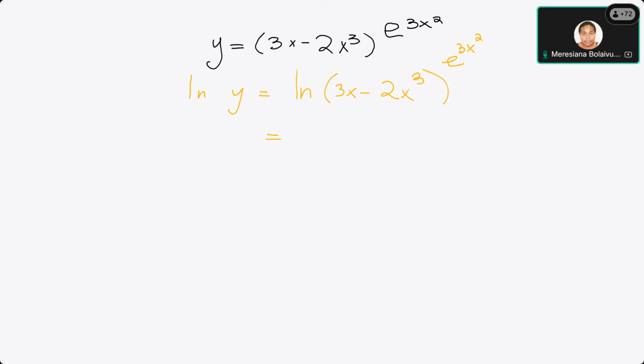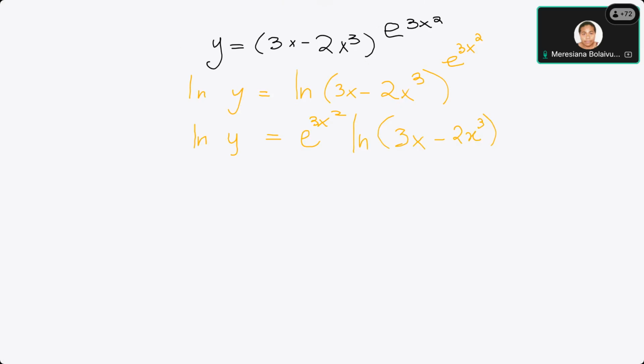The rule says you can bring the power to the front, so we have e to the power 3x squared times ln of 3x minus 2x cubed. Any questions?